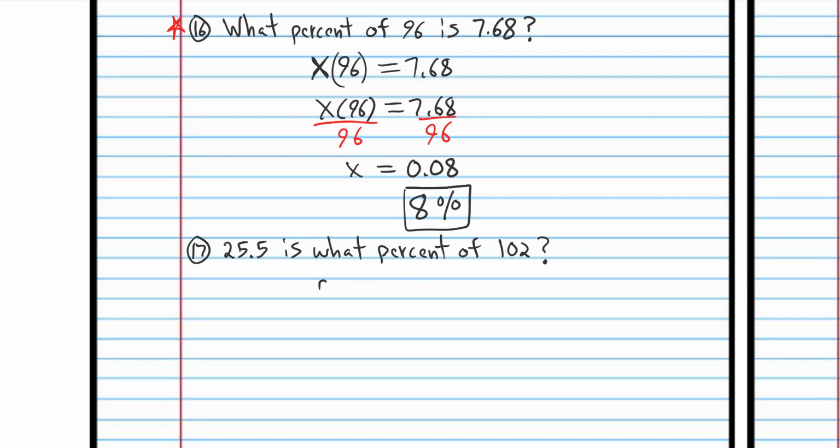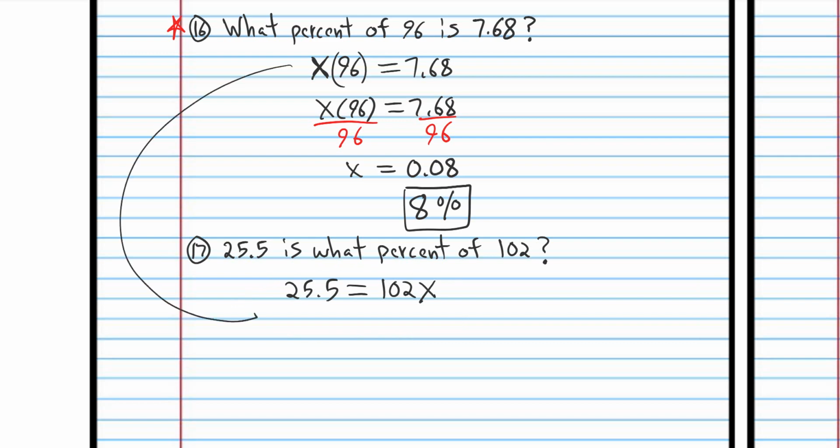I just realized I didn't do that correctly. So this goes to the different wording. What percent of 102? So this is going to be 25.5 is equal to what percent of 102? So we do 102 times the percent written as a decimal. So I almost made a mistake there. So the wording is different on this one, so you have to be careful.